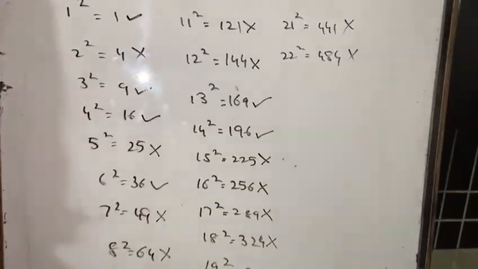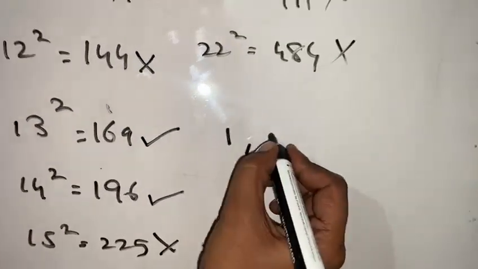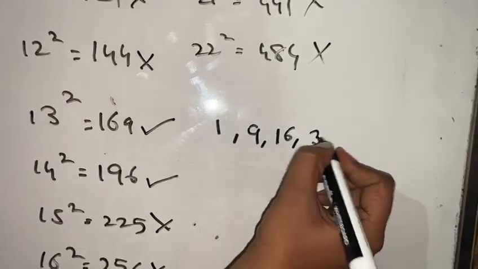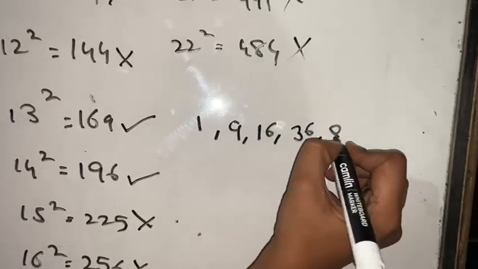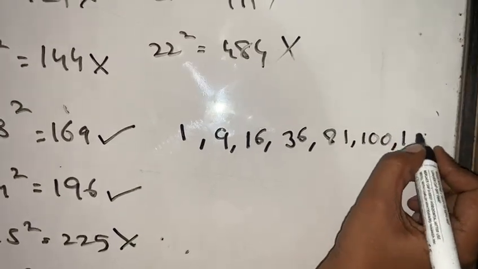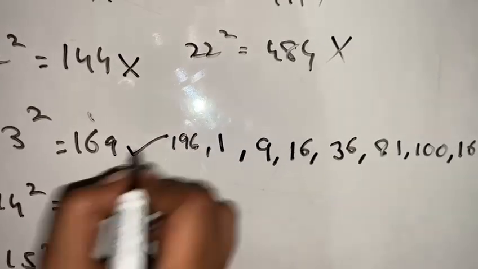Now let's write them down here. You have 1, 9, 16, 36, 81, 100, 169 and 196.